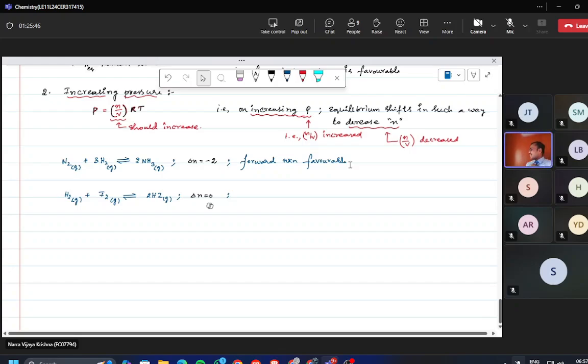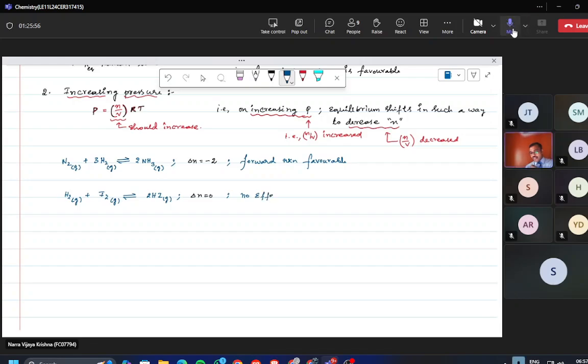Forward favorable or backward favorable? Sir, here there's no effect of applying pressure. Why? Whether it moves in forward or backward, the number of moles is the same. When you are unable to change number of moles, equilibrium has no effect. So there is no effect on equilibrium.